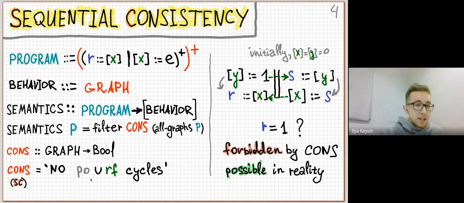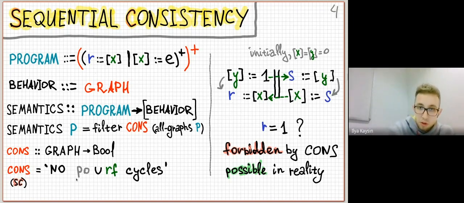So when we said that PO union RF is acyclic, we meant that PO and RF respect some sort of total order of time, and it seems true because we cannot read the value written in the future, so RF must preserve time, and in the sequential consistency we execute instructions from one thread in the order of this thread.